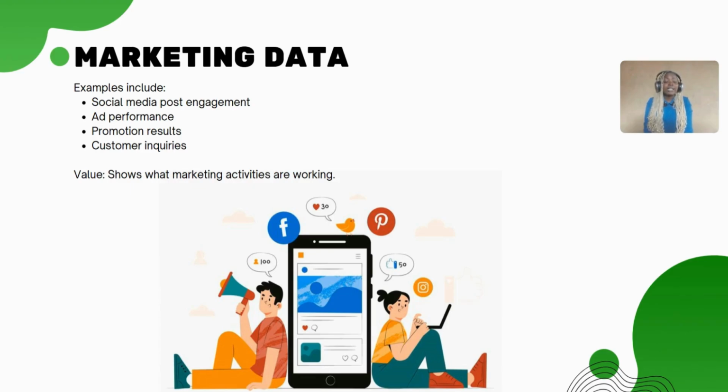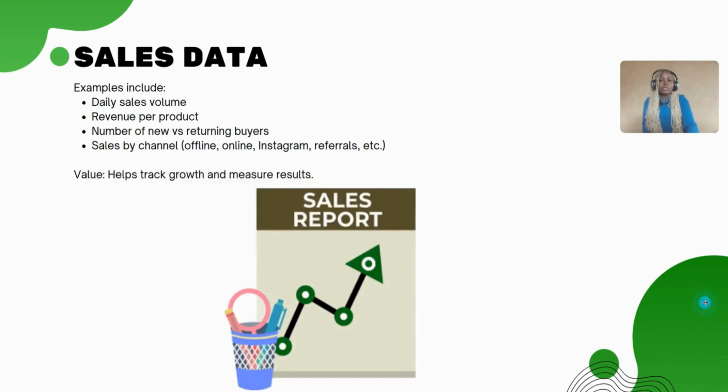You gather data on how many people you've been able to reach out to and those who were actually interested in patronizing you. So examples include social media post engagement, like I said, ad performance, promotion results, and customer inquiries.